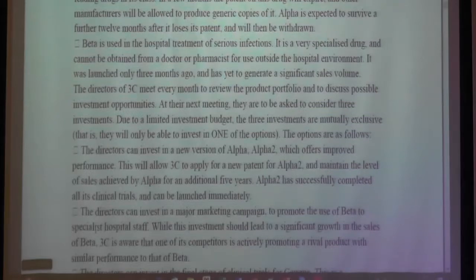And on top of this, they have 3 investments that they're trying to evaluate. The 3 investments are, they're trying to go for a product redesign called Alpha 2. And then there is another investment where they try to go for a special marketing campaign, a special marketing campaign for Beta.